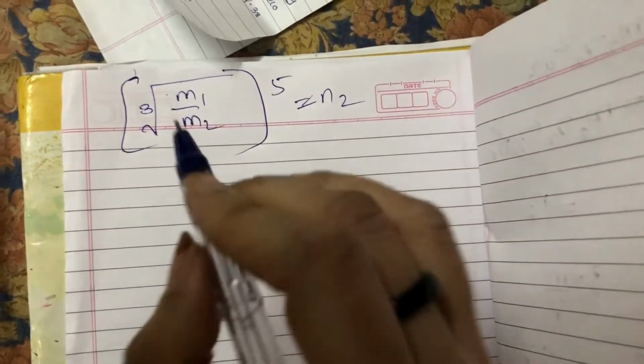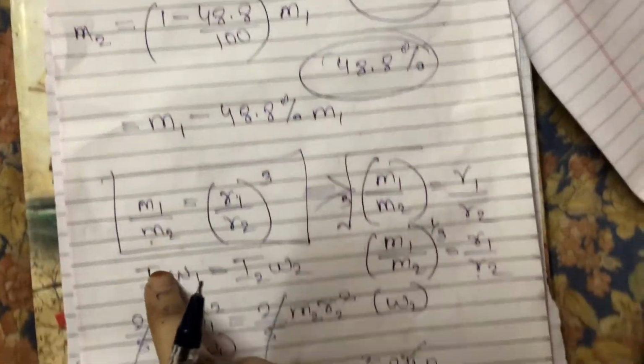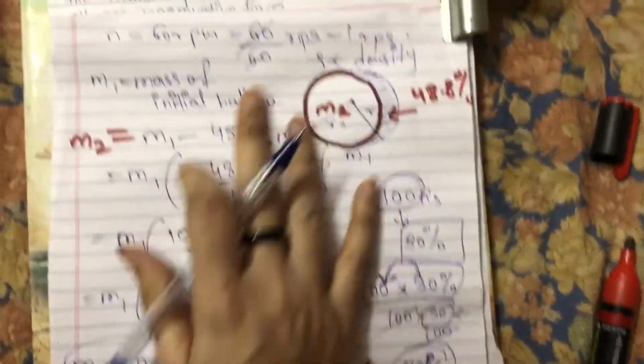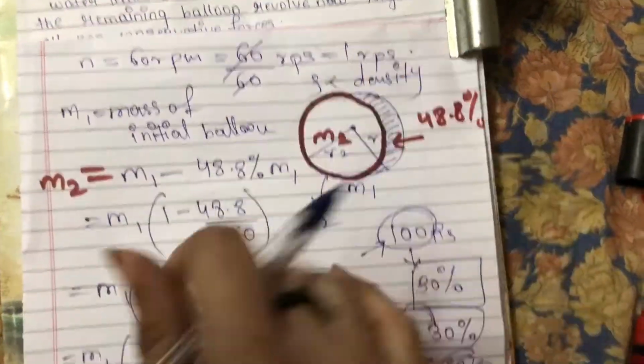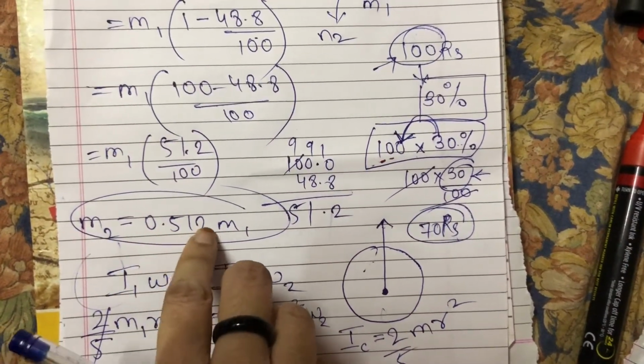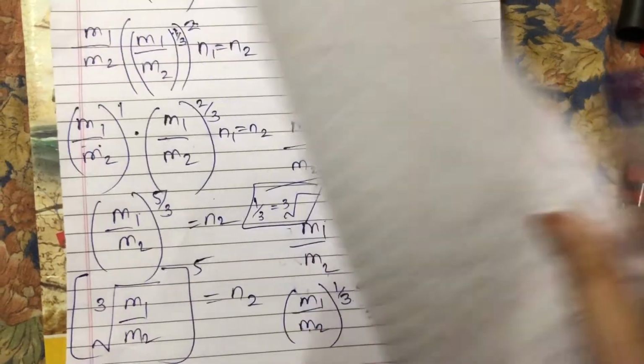We have calculated m2. On the first page we have done this calculation. Sorry, not this, that was a mistake. m2 is 0.512 m1.